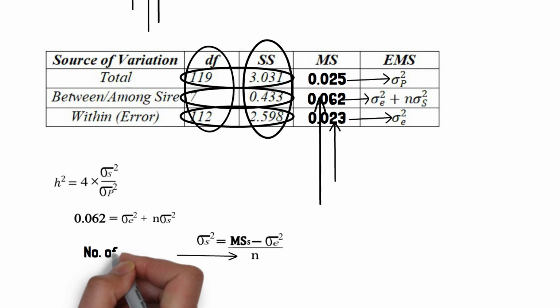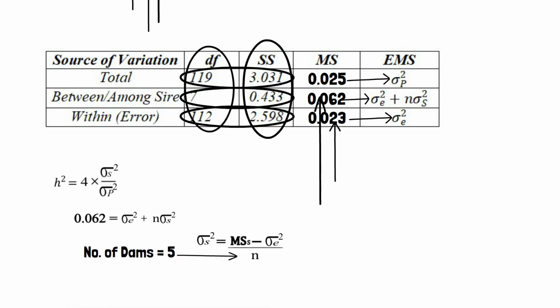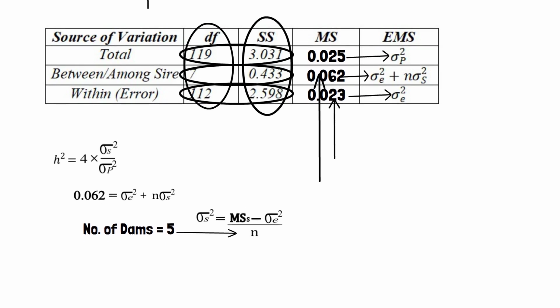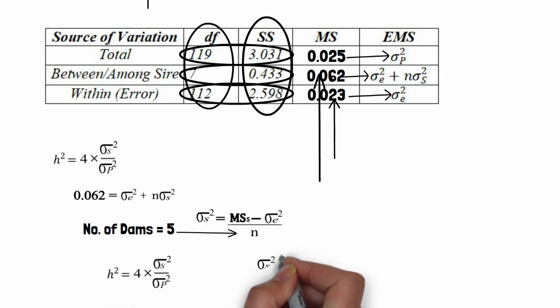Okay, let's summarize this. To estimate the heritability for paternal half-sib, we need two main equations: h square and the sire variance. H square, heritability, equals 4 times the sire variance divided by phenotypic variance. The sire variance equals mean square sire minus mean square error.